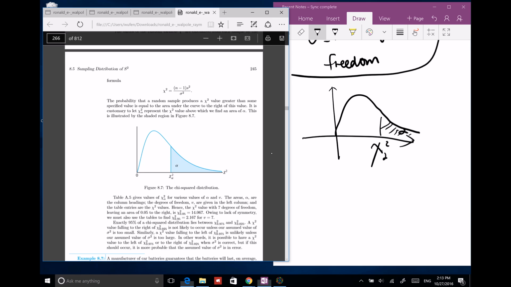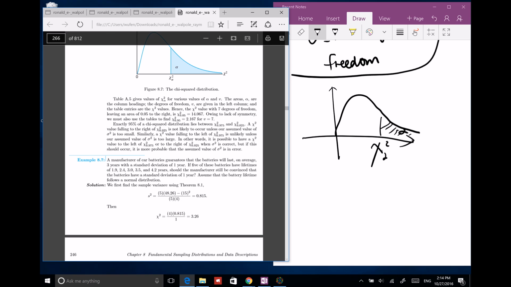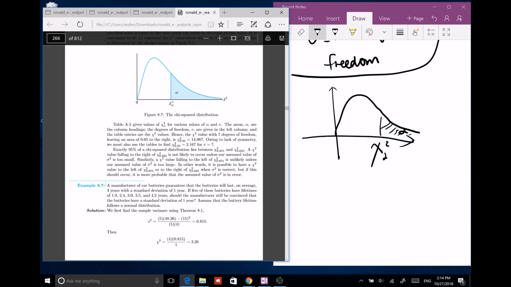This is illustrated by the shaded region here. The table you use when you do a problem gives the chi-square values for various degrees of freedom. The area alpha is the column heading, along with the degrees of freedom. We can have several problems to practice later.